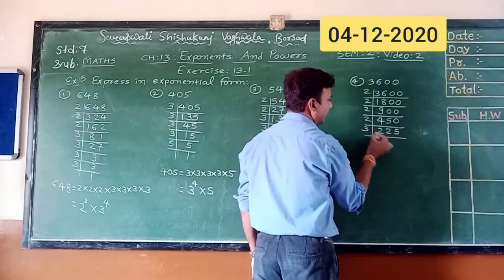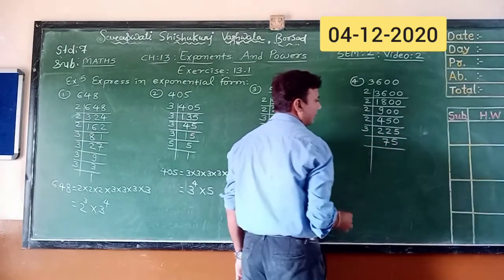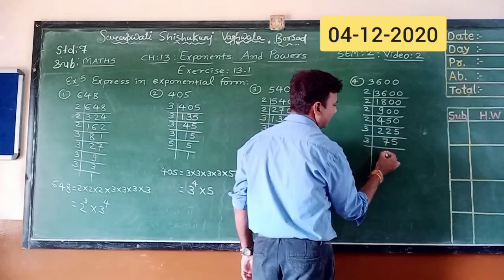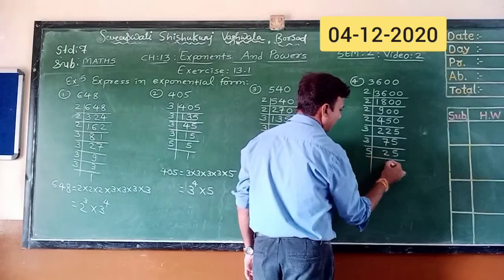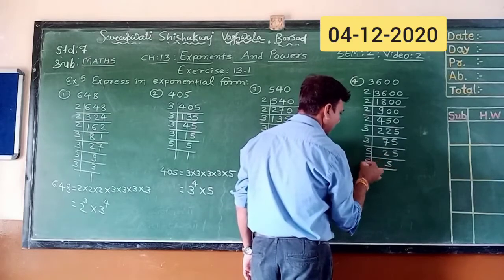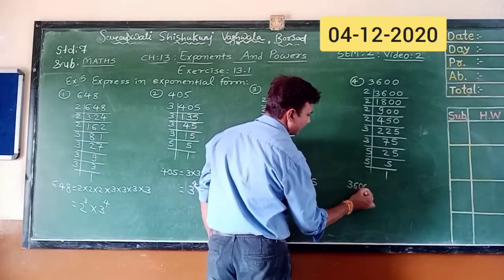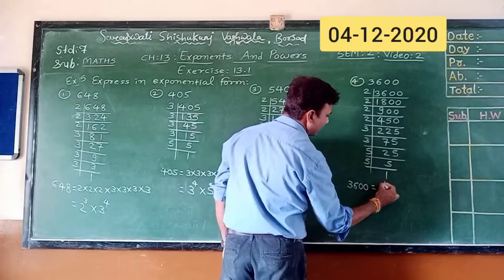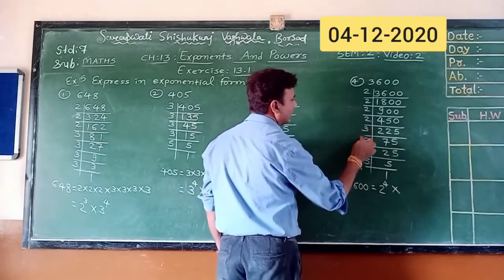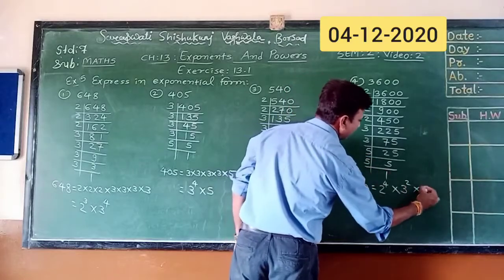Now 3 7s are 21, 1 remain 15, 3 5s are 15. 3 2s are 6, 1 remain, 3 5s are 15. 5 5s are 25, 5 1s are 5. Now 3600 is 2 raised to 4, 3 square and 5 two times, 5 square.